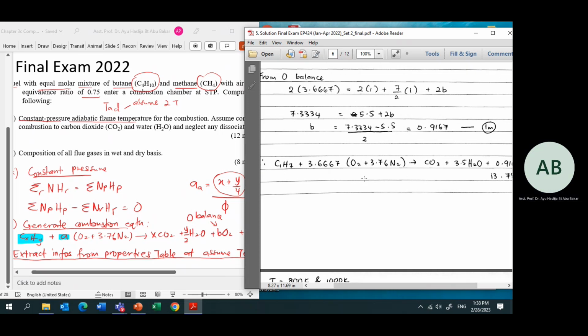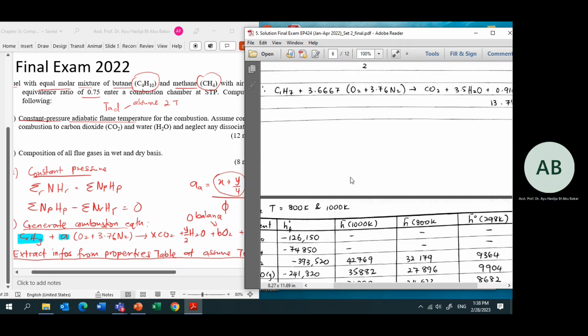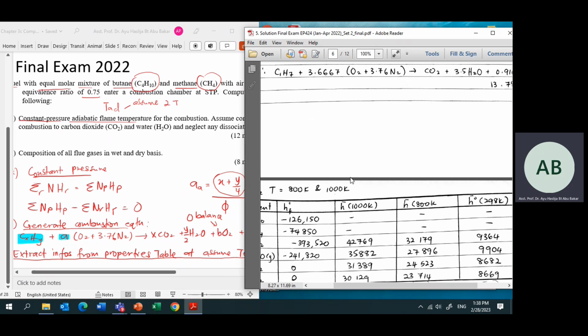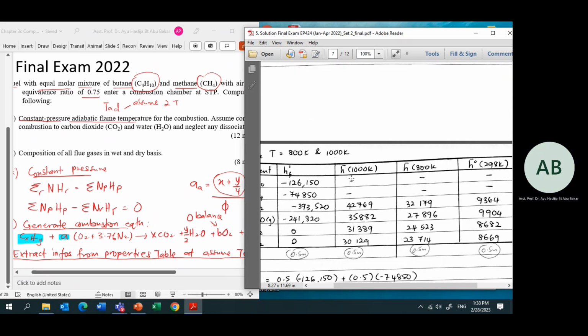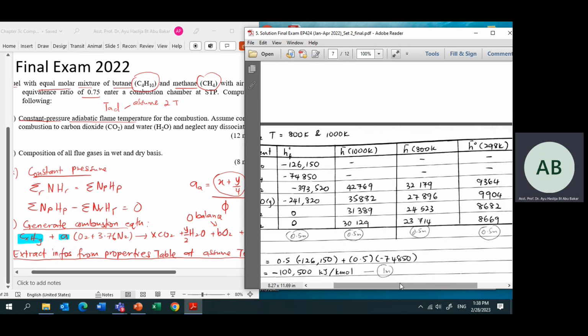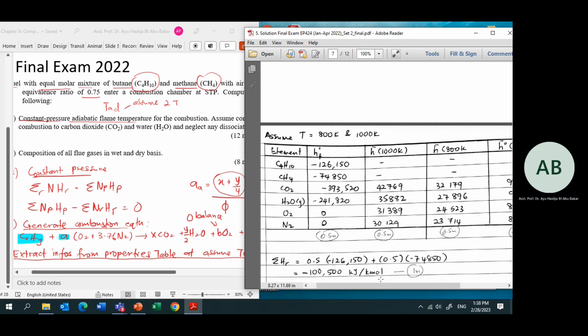Okay, focus on the steps because this one is a typo. Once you get the final combustion equation, extract the info from the properties table. This one I assume at 800 and 1000. So it's up to you at what temperature you want to assume.